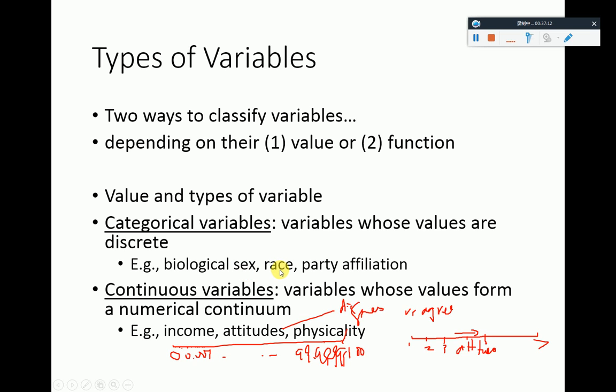Race, similarly, party affiliation, 99% of the time, you would not be able to convince an editor by arguing that party affiliation is a continuous variable, right? So these are pretty much set, but there are cases in which there's room for argument, and that's part of just doing science. It's all natural.